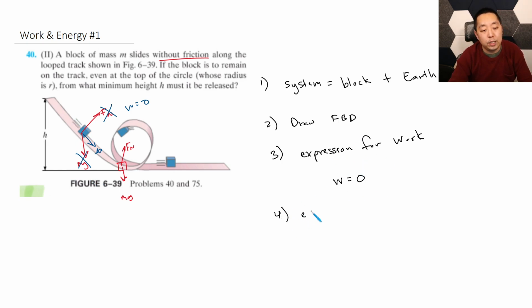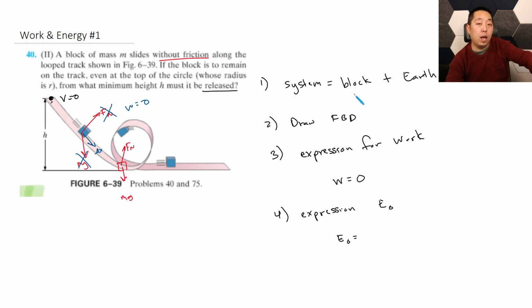Step 4, we want an expression for the initial energy, where we're dropping it from. Here we're going to release it from rest, which means the velocity is 0. You always want to think about what forms of energy we are including. Because we have the block, we include kinetic energy. Because we have the earth, we also include gravitational potential energy.